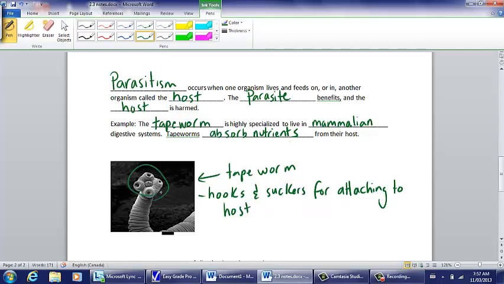So this is the head region of a tapeworm. It's called a scolex, and it's got all these suckers, and it's got hooks here in the middle, and it's going to attach itself into the intestine and stay there. And then all these other little sections are basically reproductive structures. So they're specialized for reproduction.